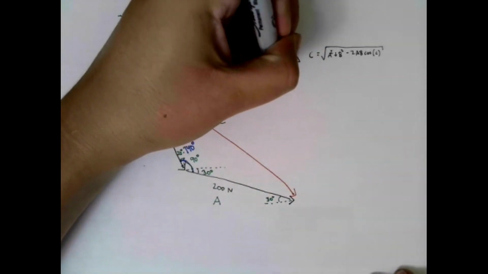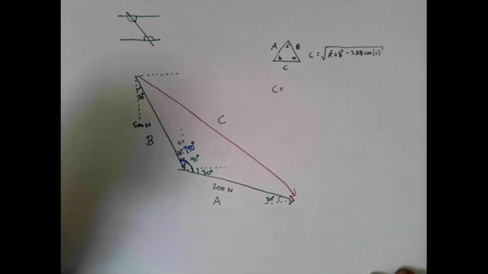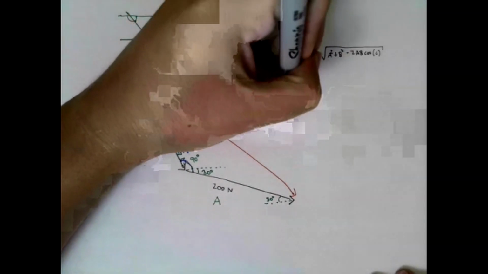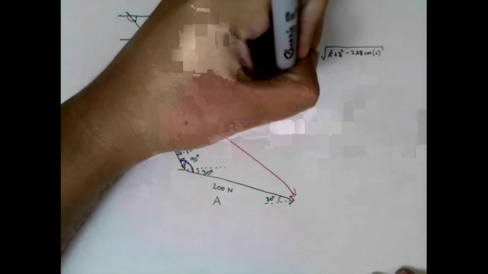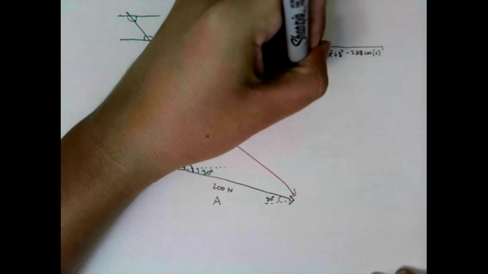I'm just going to write the numbers here, but I'd like for you to calculate it because I don't have my calculator with me. So I have for A, 200 newtons. For B, I have 500 newtons.